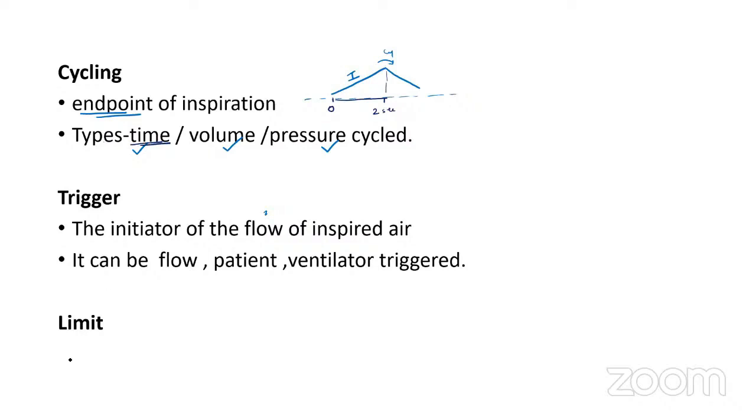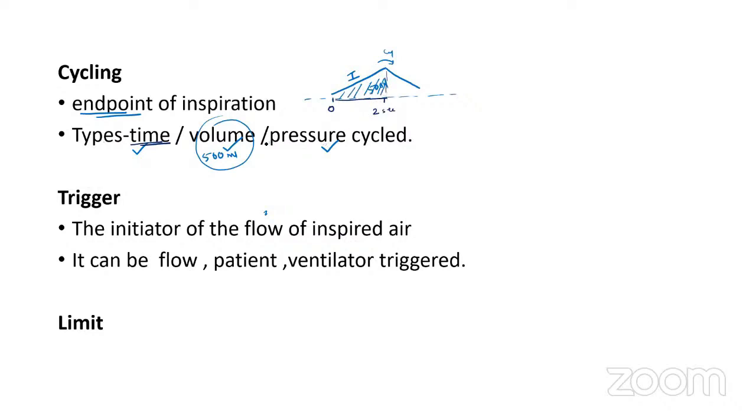Now, if this was a volume cycle ventilator, you can put it in this way. Here, I'll keep it as 500 ml. So, in a volume cycled ventilator, the inspiration will stop when the lung gets 500 ml of air, and expiration will start.